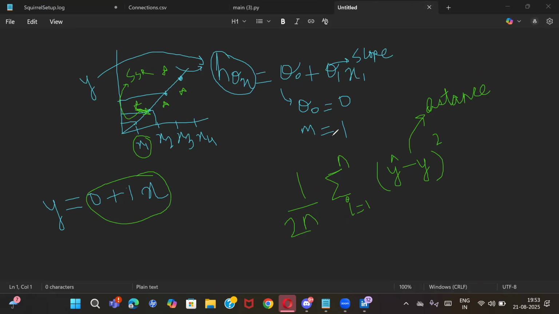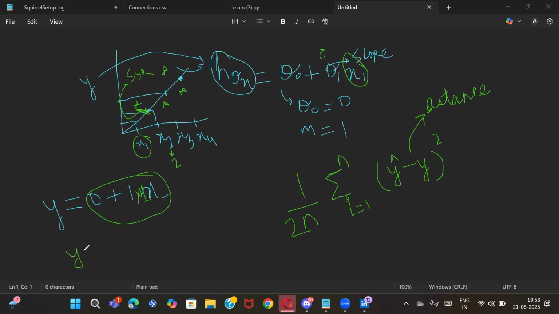For example, x1 initially was 1, so 1 into 1, and here x is equal to 2.